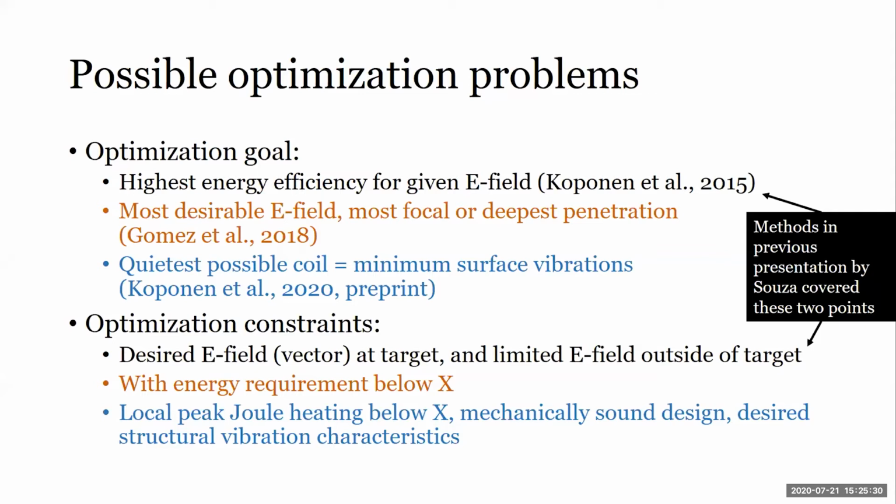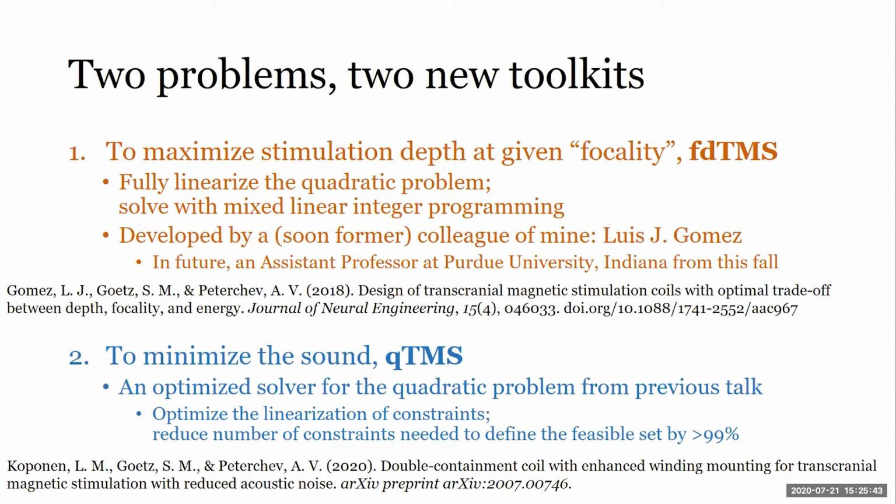And then mine is basically making a more efficient solver for the quadratic problem, so that I can add many more constraints for desired structural properties. So basically two problems. The first one is solving the quadratic problem as a linear problem with many more constraints, but it surprisingly works.